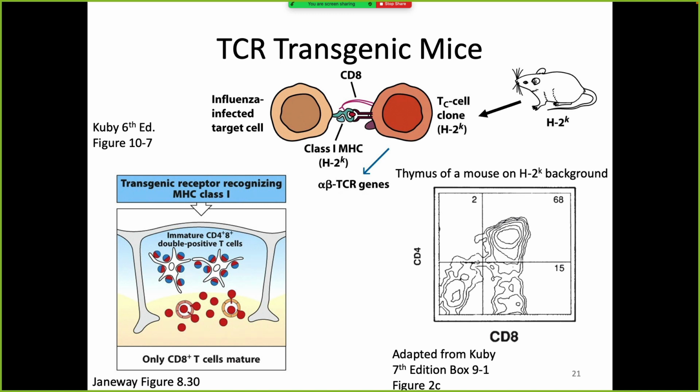You can then do some genetic engineering of an embryo to put in that pre-rearranged TCR beta and that pre-rearranged TCR alpha.